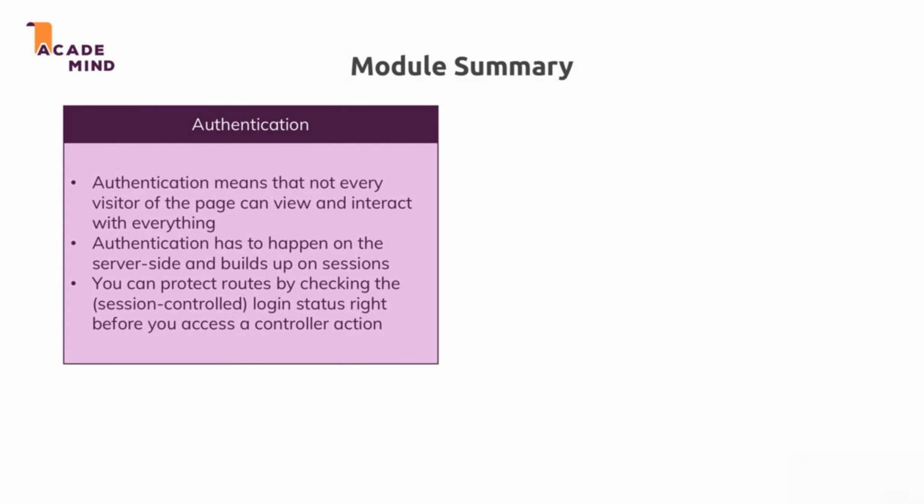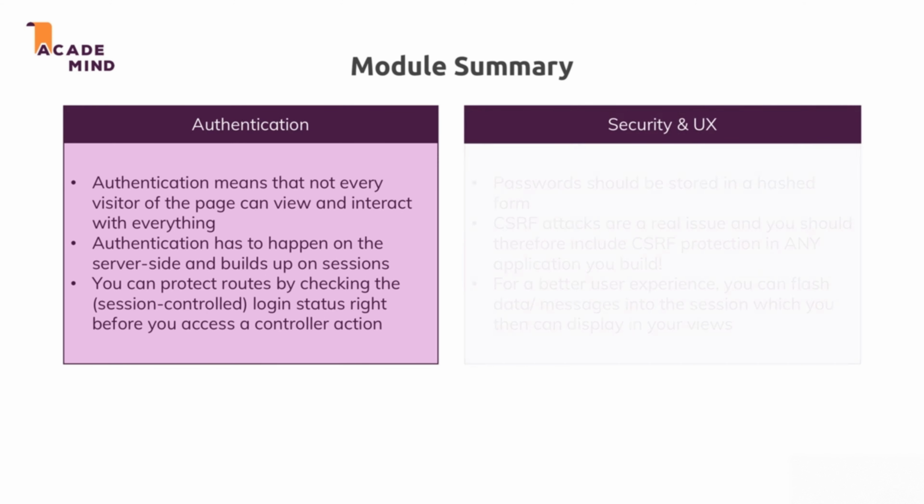You learned what authentication means, that it means that not every visitor of your page can view and do everything, that authentication has to happen on the server side to ensure that users don't trick you into thinking they are authenticated, and that you therefore use sessions to store the authentication status, and that you can protect routes by checking that session-controlled login status right before the request reaches your controller action or the code in general that is executed in a route.